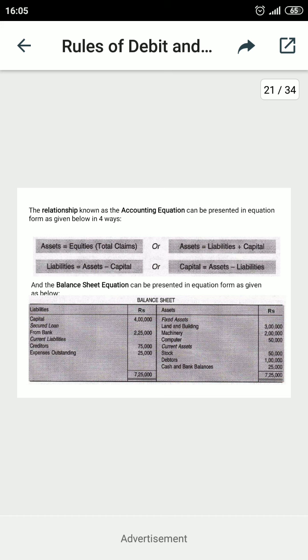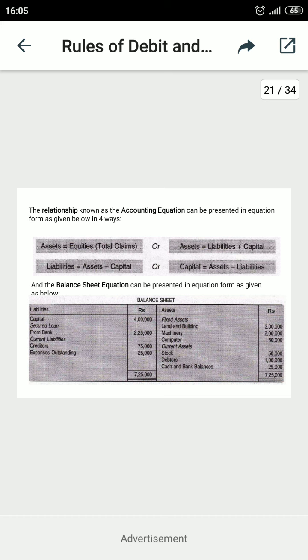When two figures are given, such as assets and liabilities, capital can be derived. If capital and asset are given, liabilities can be derived. Liability can be derived by deducting capital from asset, and capital can be derived by deducting liabilities from asset.